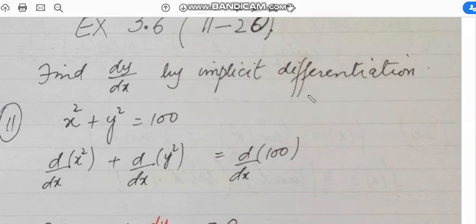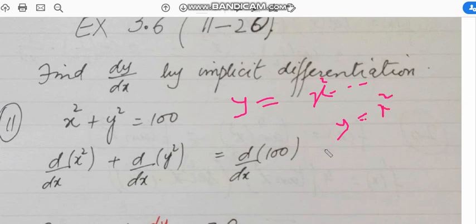In previous exercises, we know we find derivatives of this type of questions. Y is equal to x square plus something plus this, that y was a function of x. Here, suppose it's written y is equal to x square.